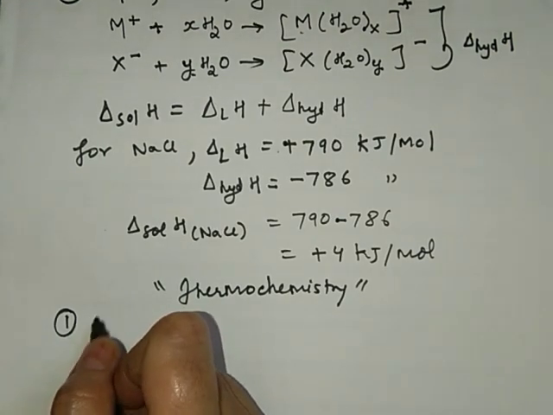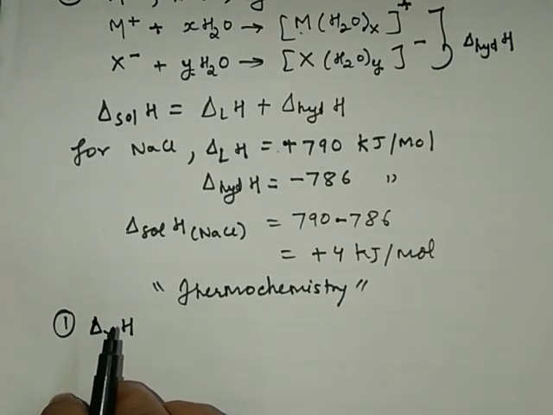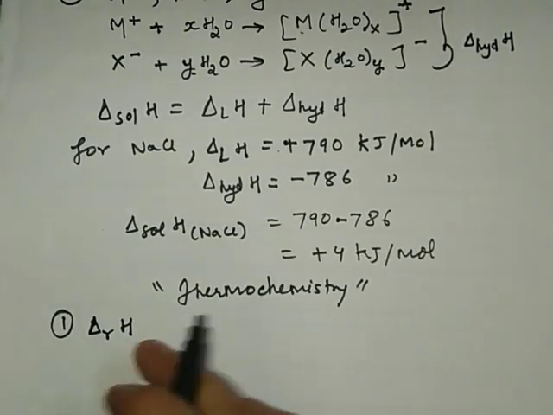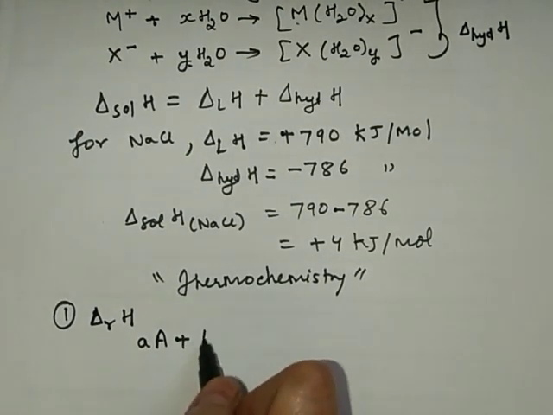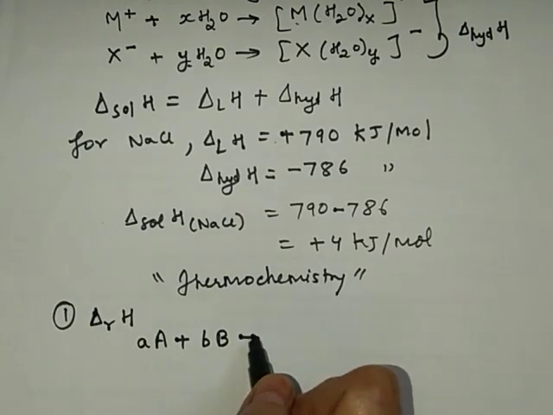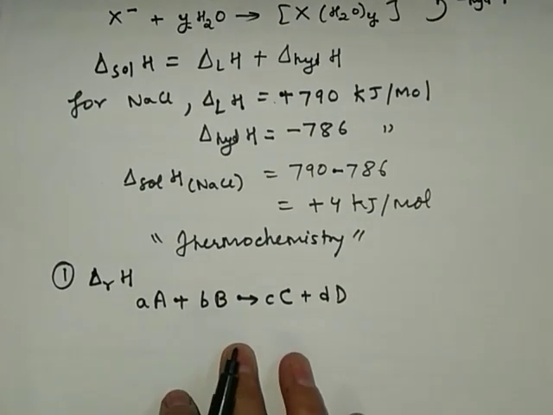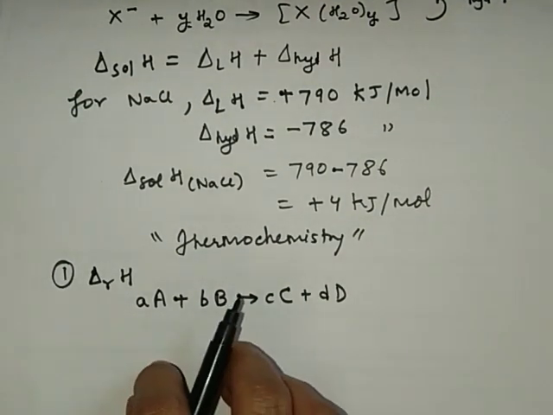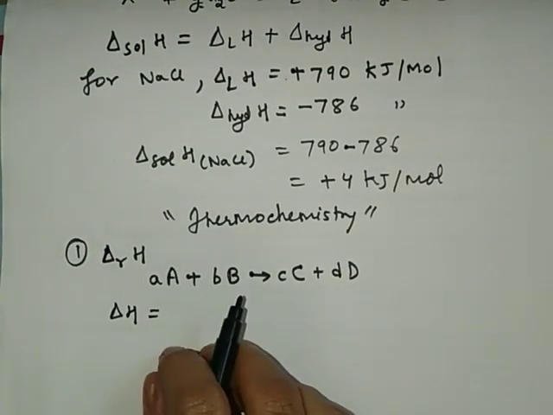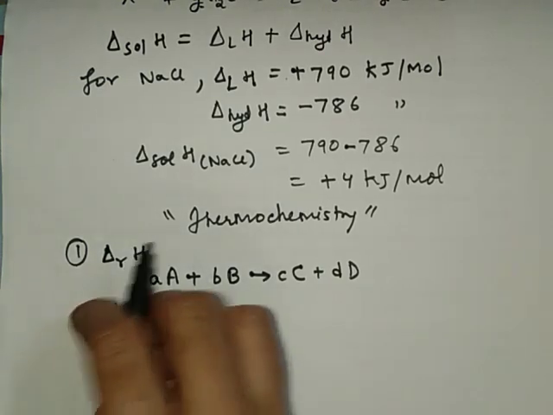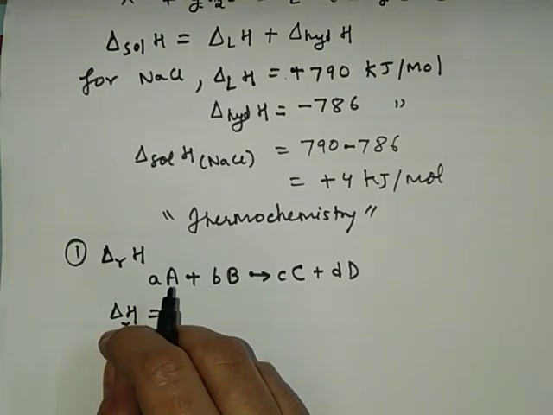Enthalpy of chemical reaction will be represented in this way: delta RH, enthalpy of reaction. Now if you consider any particular reaction as what, a moles of A reacting with b moles of B to produce c moles of C and d moles of D. Okay, we consider a general reaction. Now the enthalpy change for this reaction is called enthalpy of reaction, and it is given by what?